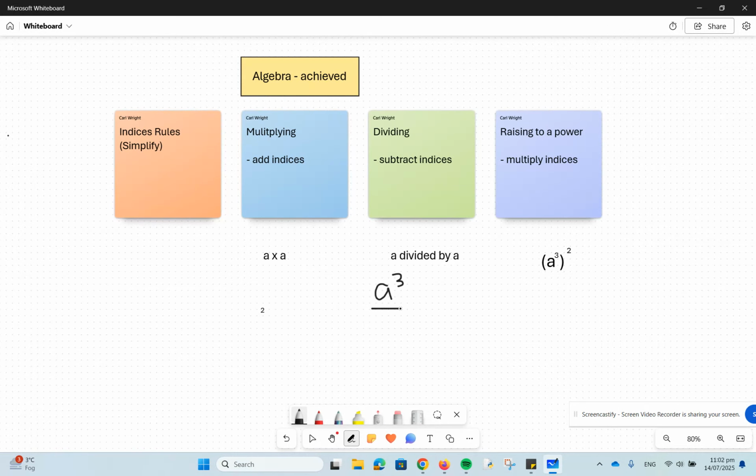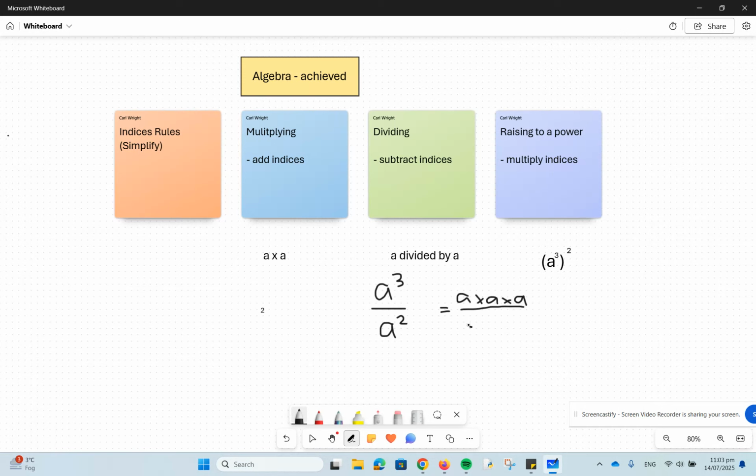So if I go a divided by like this, now what does this mean? This is the same as writing it like this. I've got a times a times a. Hopefully it's starting to make sense to you, because the rule is just subtract, okay?